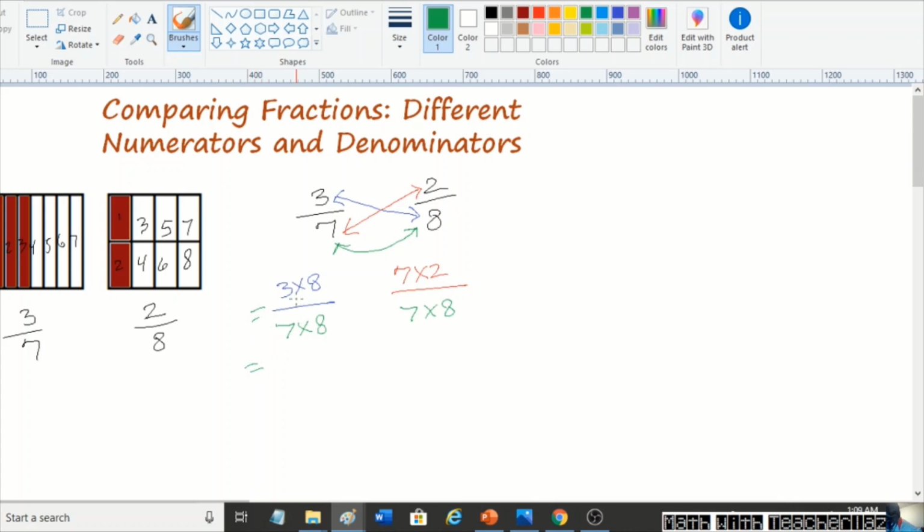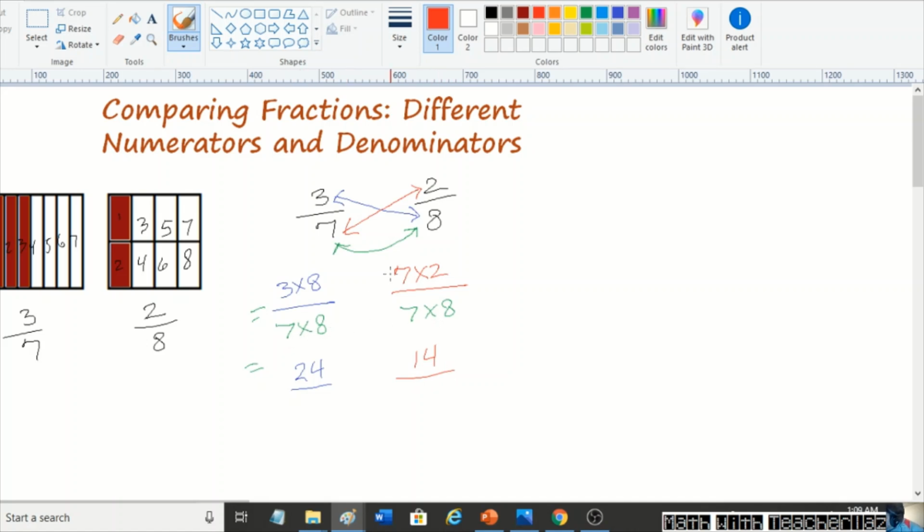So this is the same as 3 times 8, that's 24. Sorry. Let me go ahead and change that one. Okay, I'm going to put this one in blue. That's 24, and this is 7 times 2, which is 14.